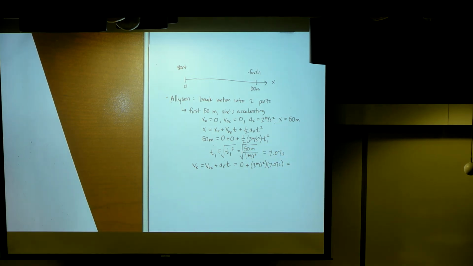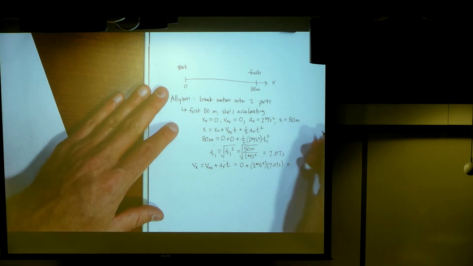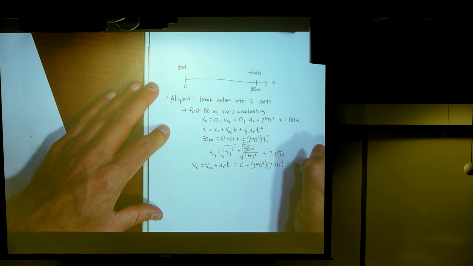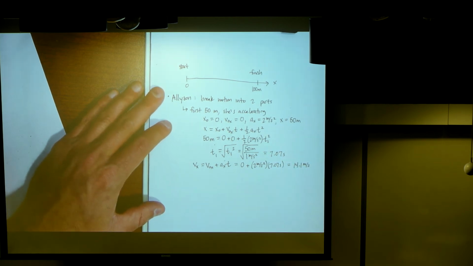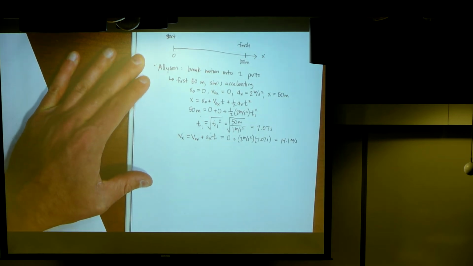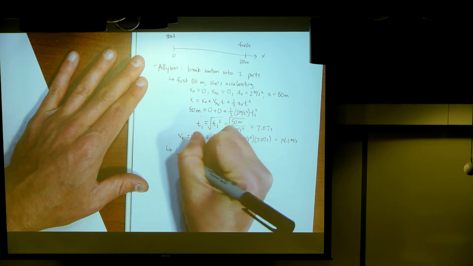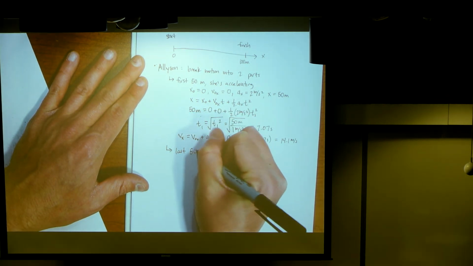So 2 times 7.07 is what? 14.14. Yeah, it's like 14.1 meters per second. Okay, so that was just the first 50 meters. Let's do the last 50 meters.